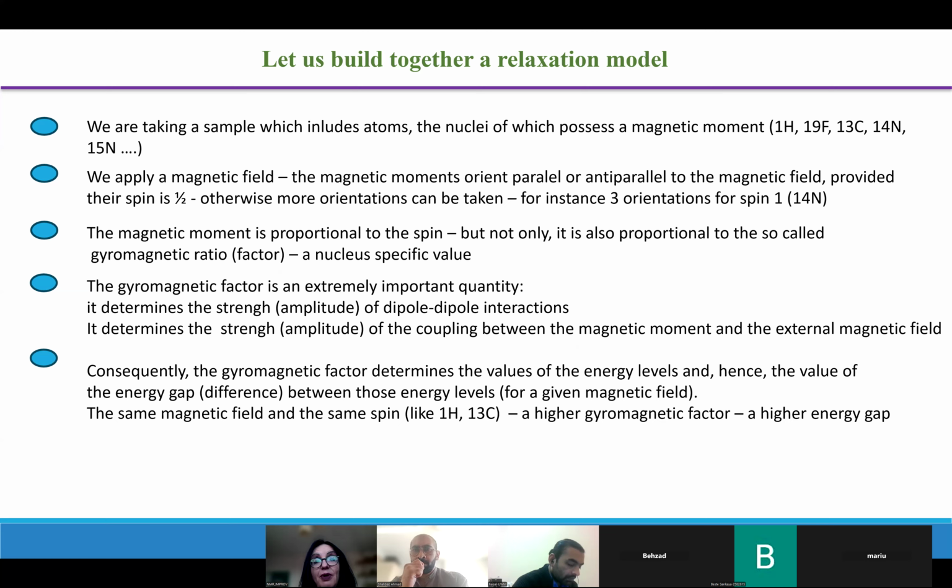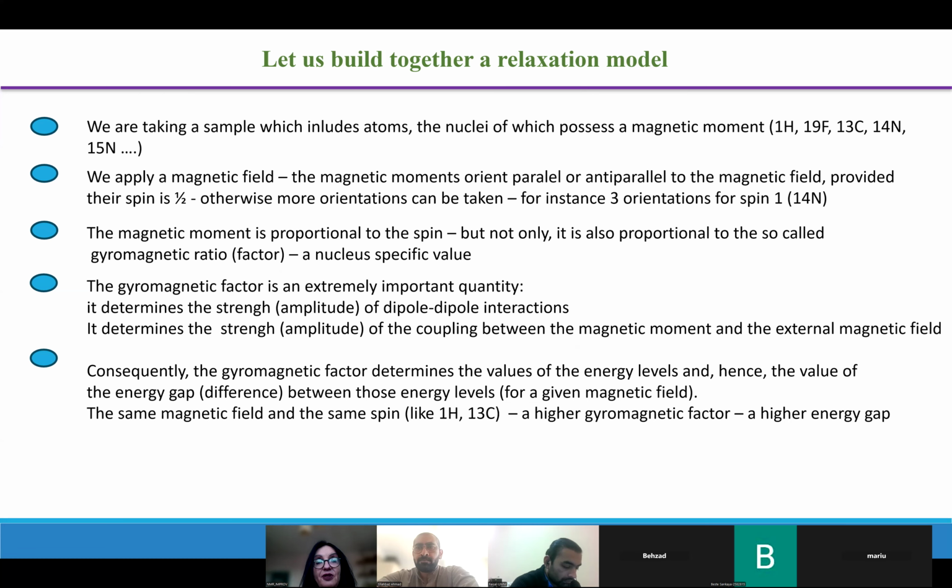And it also determines the strength between this magnetic moment and the external magnetic field. The strength of the coupling, in other words, the energy of this interaction. Larger gyromagnetic factor means larger magnetic moment. This means stronger interactions between each other, like for instance, two protons in a water molecule, and stronger interaction with the external magnetic field.